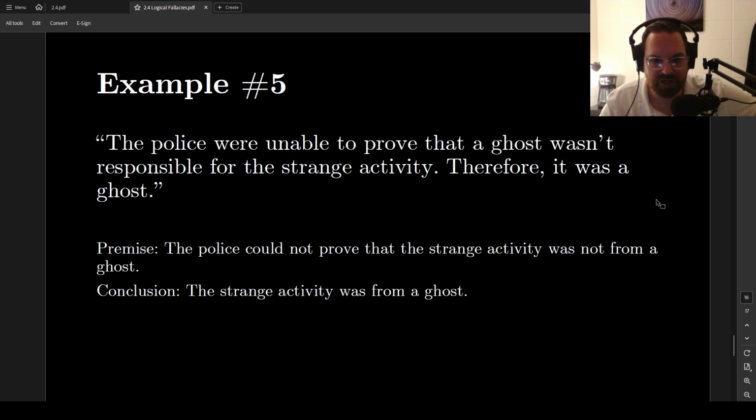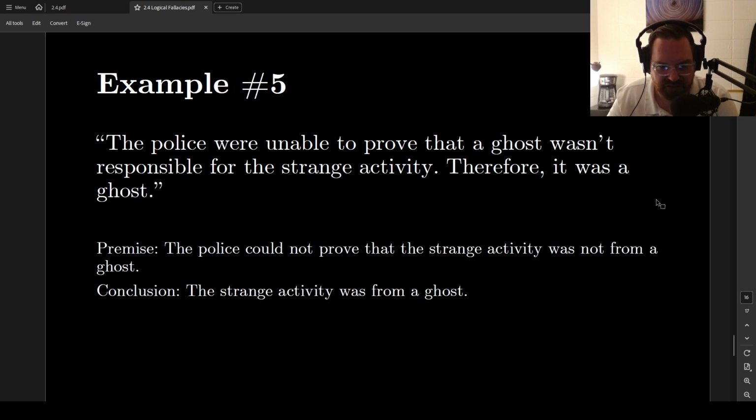The police couldn't prove the strange activity was not from a ghost. Do you notice the double negative happening here? That's kind of an indication that this is not going to work out. This is a logical fallacy when you see double negatives being used, right? The strange activity was from a ghost is obviously the conclusion when the double negative is being used.